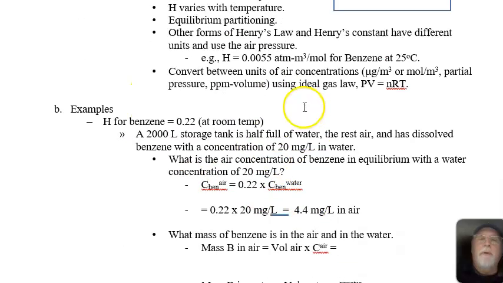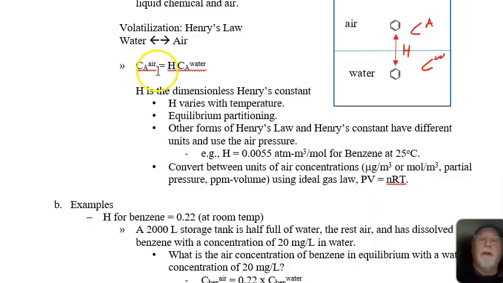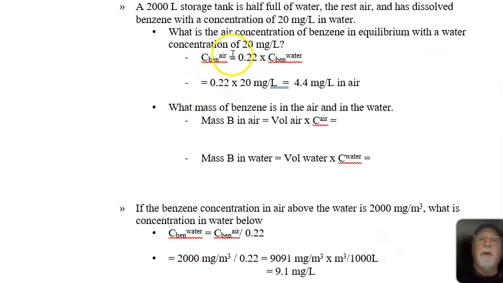Well, from this equation here, concentration of air is the Henry's constant times the concentration of the water. 0.22 times 20 is 4.4 milligrams per liter in the air. What is the mass of benzene in the air and in the water? So the volume of air, it's a 2,000 liter storage tank, so it's 1,000 liters of air times the concentration of benzene in the air, 4.4 milligrams per liter.